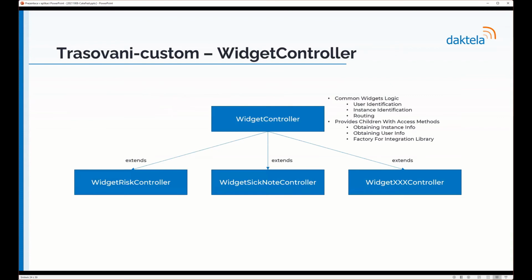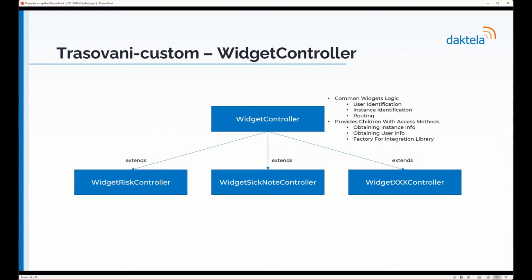This is the structure that is implemented in the application. So you can see that there are various variants of the widget. For example, widget risk controller, widget sick note controller, and each of these widgets contain their own presentation layer and their own business logic, but they share the widget controller logic, which contains the basic information about user identification, instance identification, routing, and it provides the children with access methods.